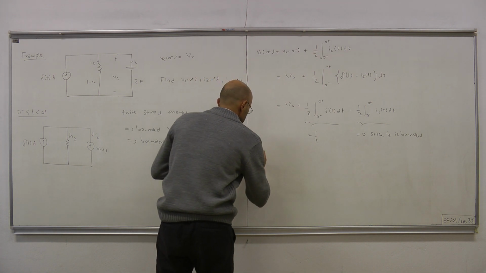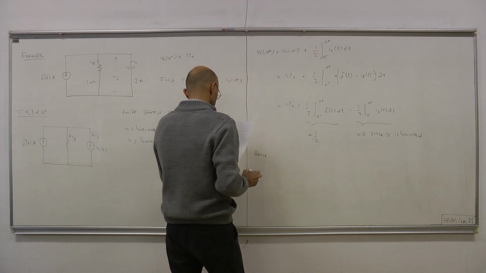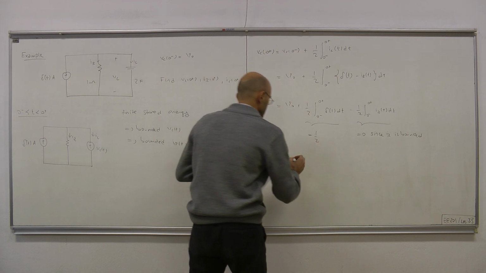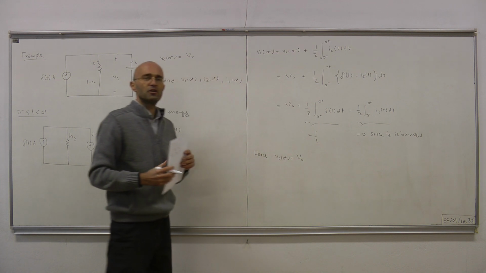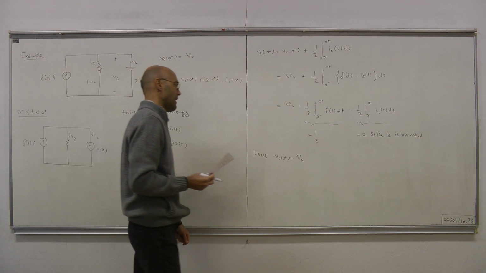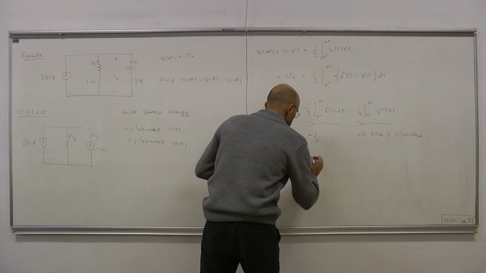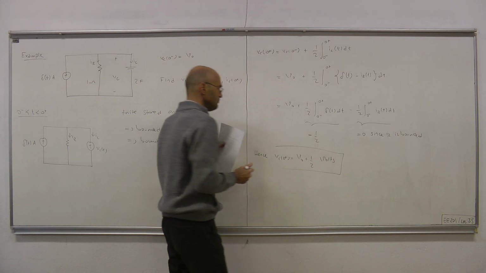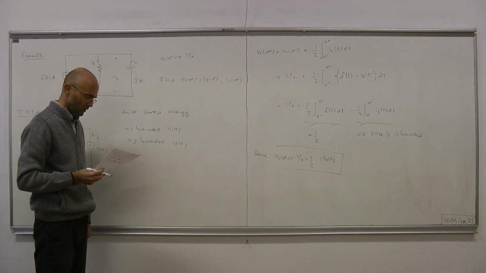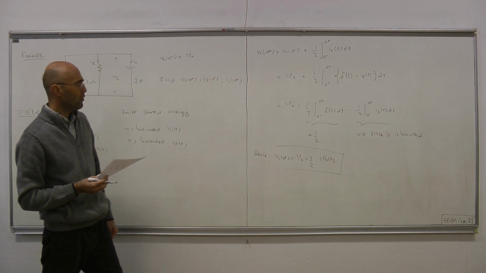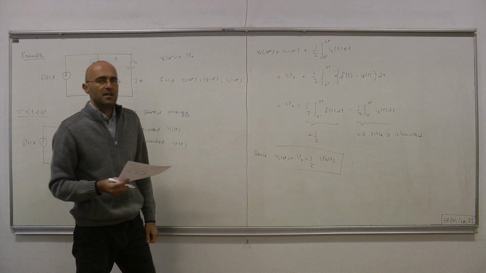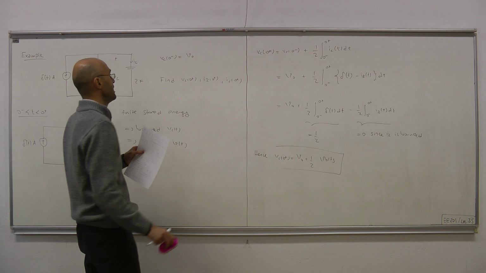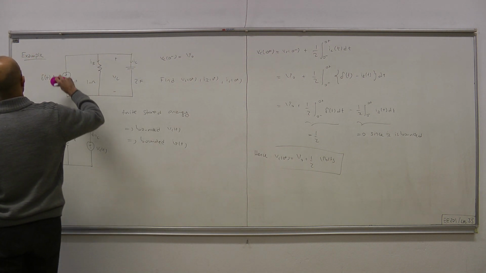Hence, VC(0+) must be whatever initial voltage you had, V0, plus 1/2 volts. And then once you know this voltage at t equals 0+, you know everything at t equals 0+.